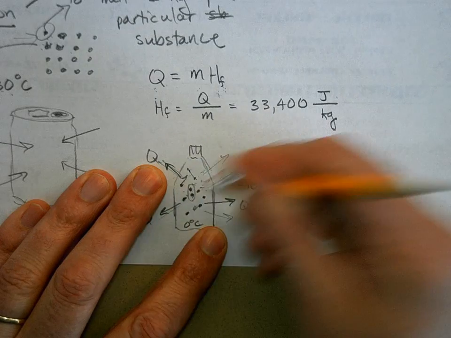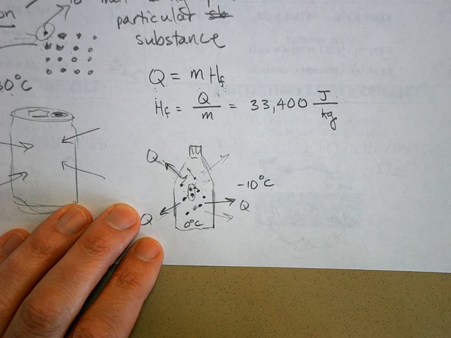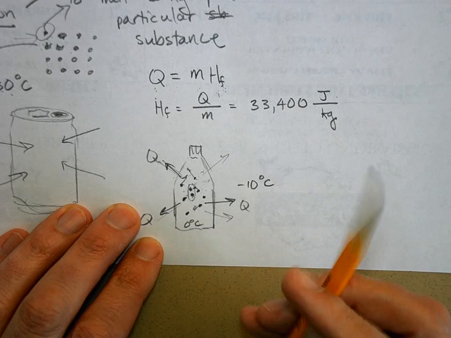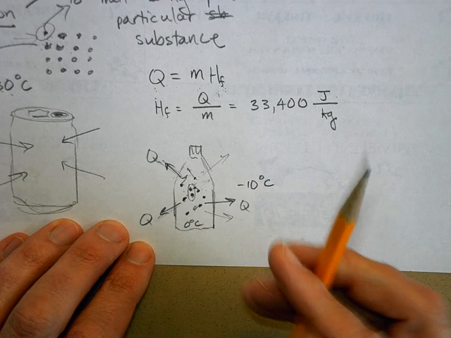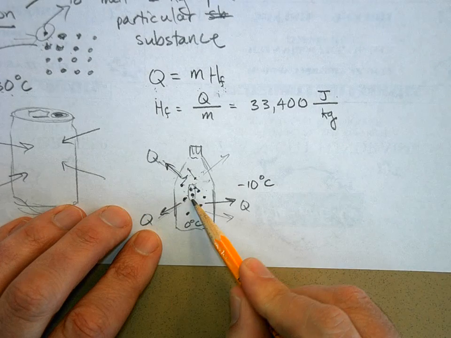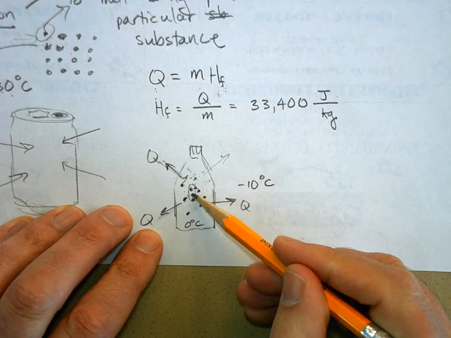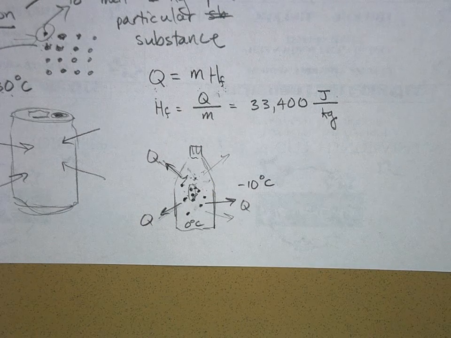So this one loses its speed, and now it hooks up to the ice crystal. And then more heat flows out, and this one loses its speed and hooks up to the ice crystal. And then this one loses enough speed to hook up to the ice crystal. And so slowly over time, the molecules will move slow enough to hook themselves up to that ice crystal and grow the ice crystal.